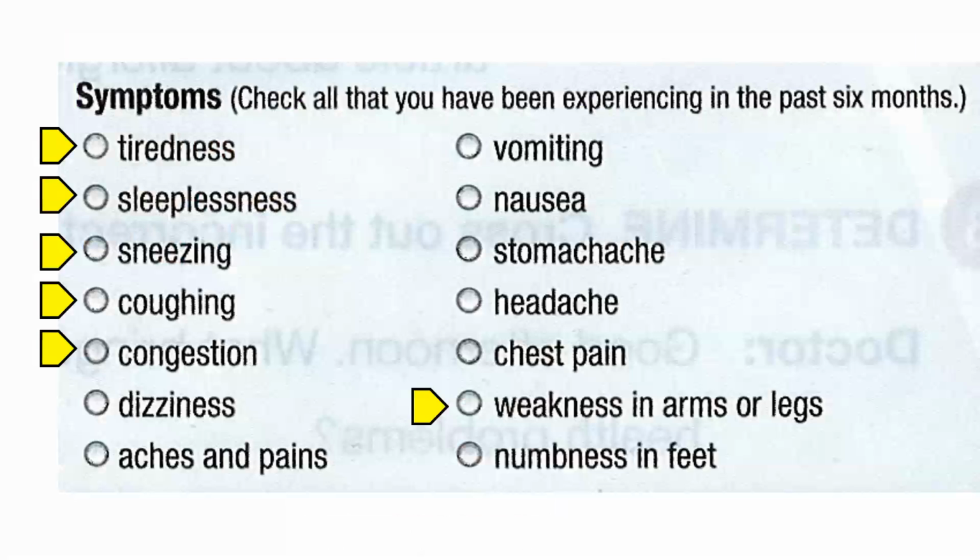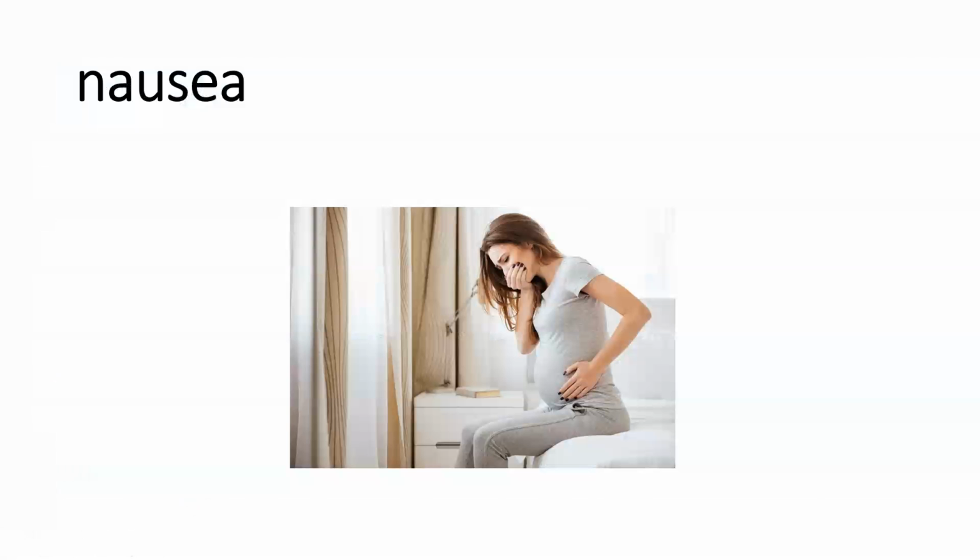Let's add a few more to our list. Actually, I want to look at this one. The pronunciation is nausea. And together with nausea, almost always is vomiting. Not always, but many often times. And then I also want to look at dizziness with this group. Nausea, vomiting, and dizziness.